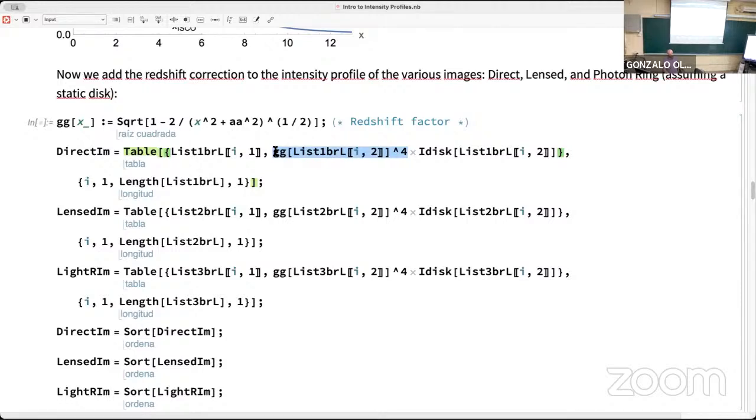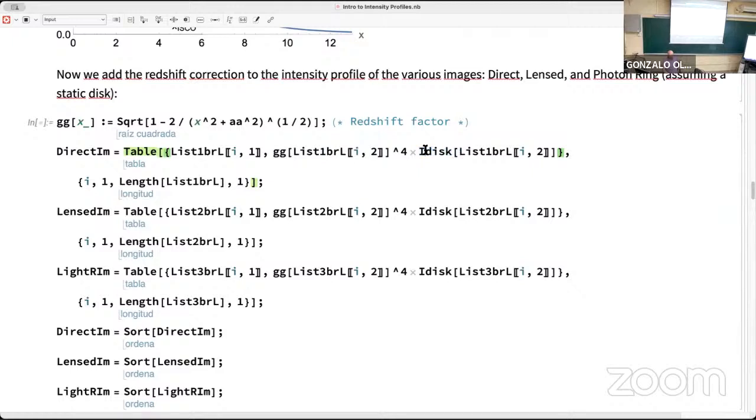This is what the intensity over frequency cubed being constant is useful for: when you integrate over all frequencies, you get a factor of g to the fourth multiplying the intensity on the disk.